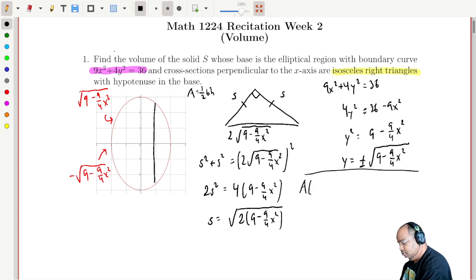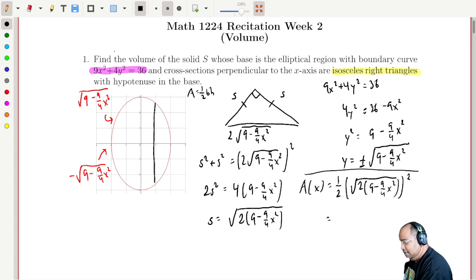The area of a cross section at position x will be 1/2 times the base times the height, but the base and the height are the same, so it's 1/2 s squared here. Go ahead and write that in. So we have 2 times 9 minus 9 over 4 x squared, all in the square root squared.